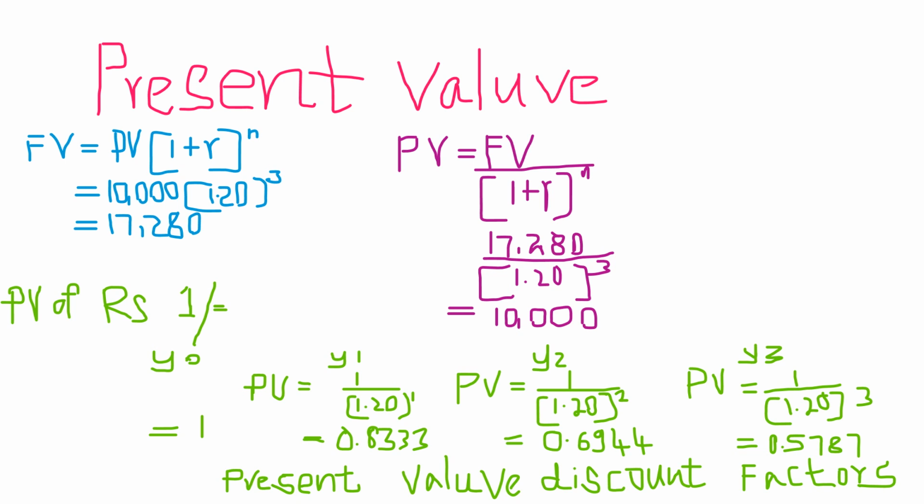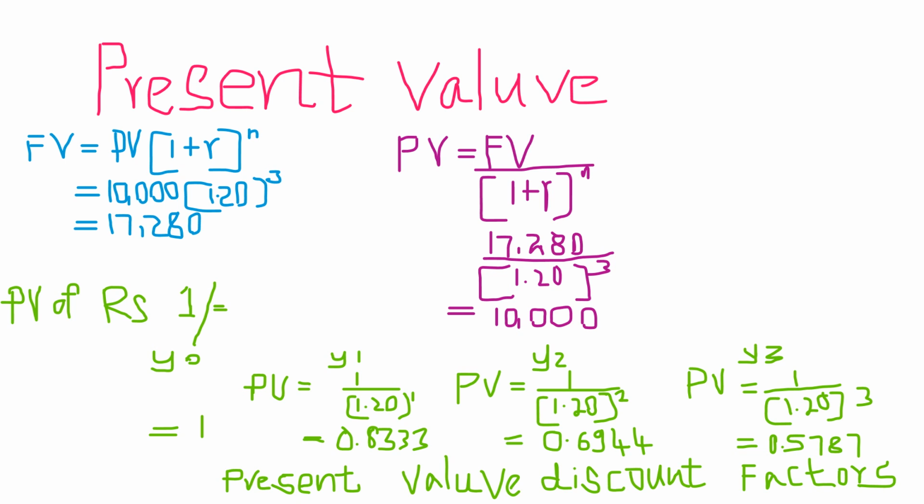Here the FV represents the future value of 17,280, which is to be divided by 1.20 into the power 3. When you divide 17,280 by 1.20 into the power 3, again we end up with 10,000. So the present value of 17,280 is 10,000. Then you will understand how the formula works.